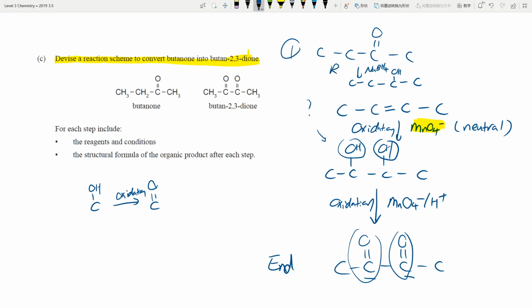You turn the ketone into the alcohol, and then you have the alcohol. Oh, look at that, turning an alcohol into a C=C double bond. What was that again? KOH alk. So how many steps is that? That's 1, 2, 3, 4 steps to get to the end.